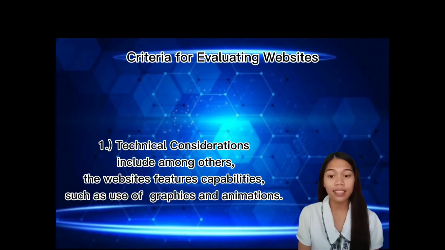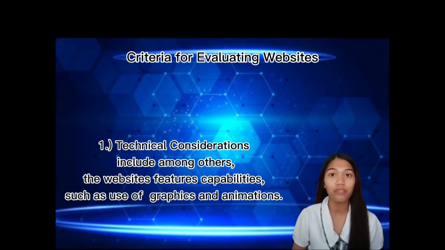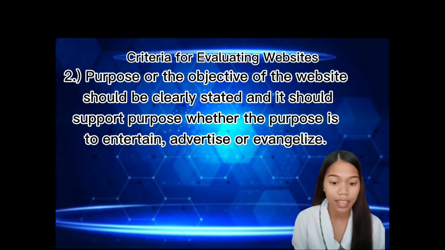First is the technical consideration, which includes among others the website's capabilities such as use of graphics and animation relevant to the subject. So when we say technical consideration, it involves the source of language and the skill sets of your organization and the website. So next, the purpose or the objective of the website should be clearly stated.